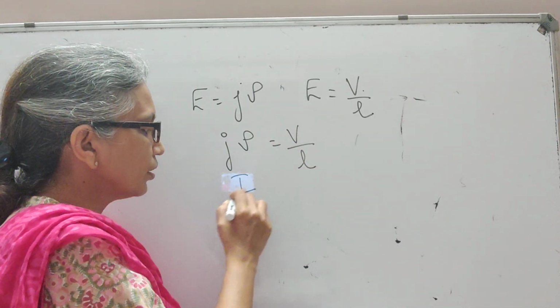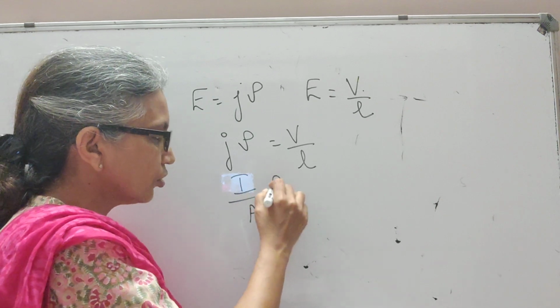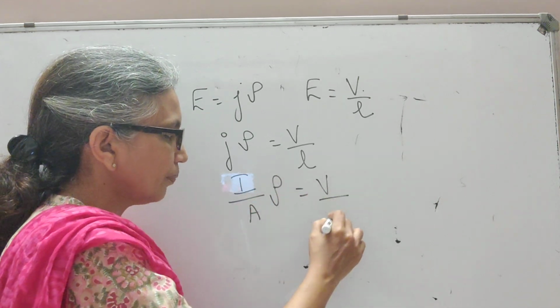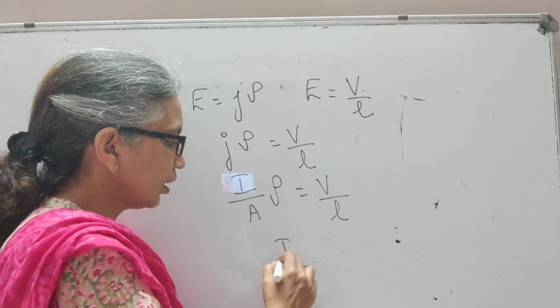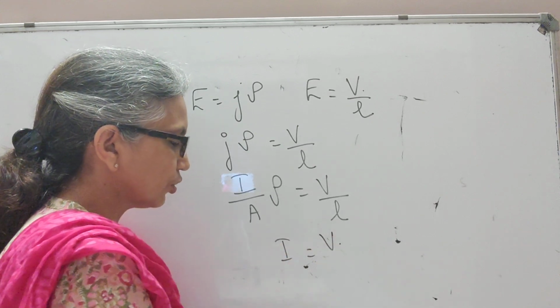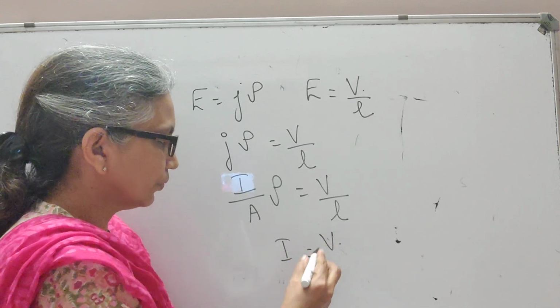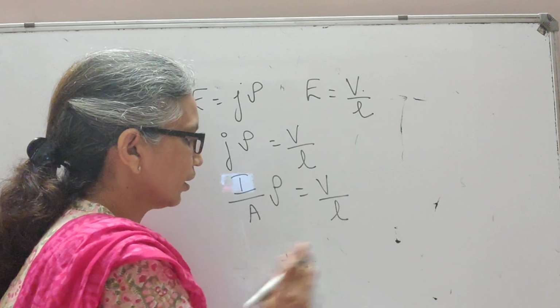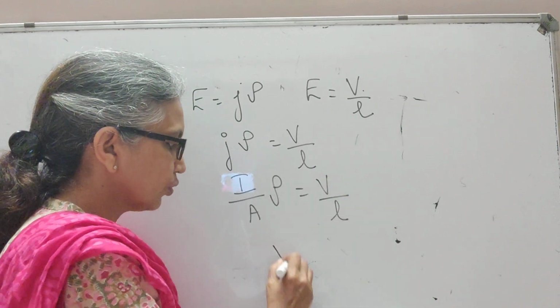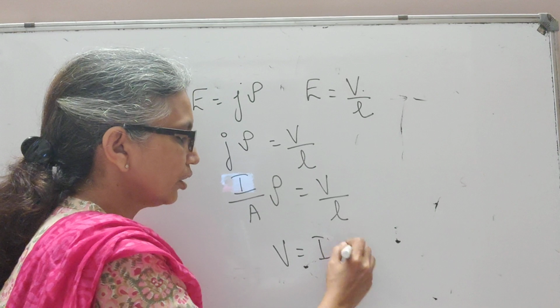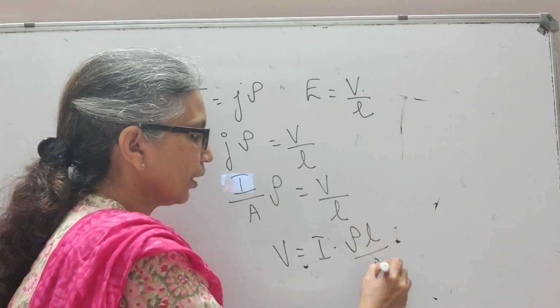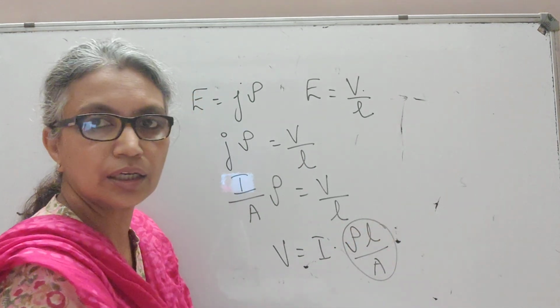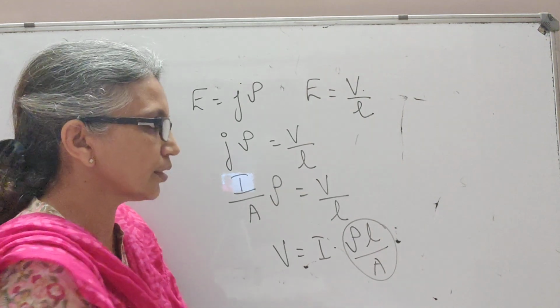or J being current density, I by A into rho is equal to V by L. I keep V here, so V is equal to I into rho L by A. This rho L by A you know is resistance.